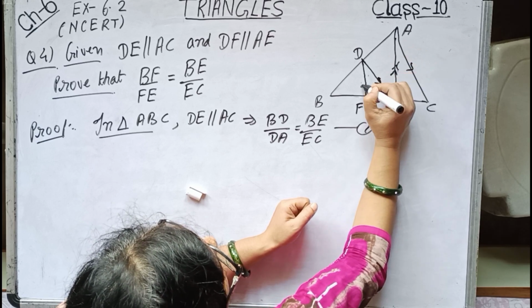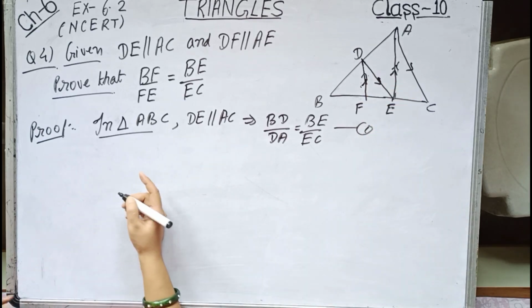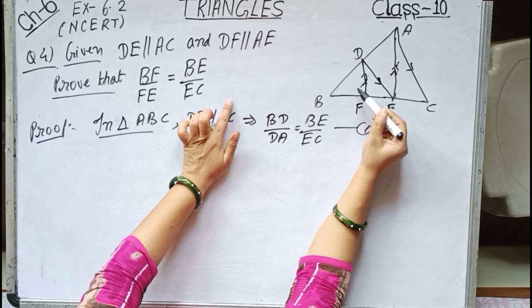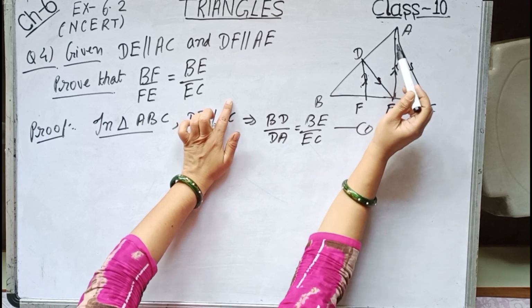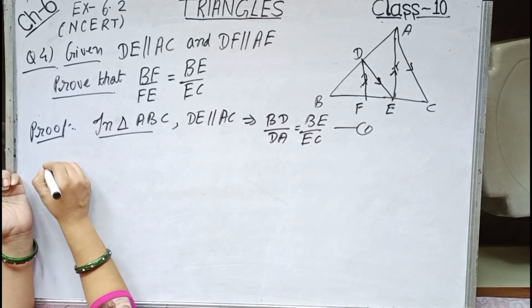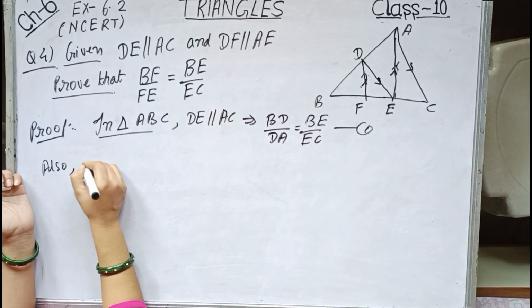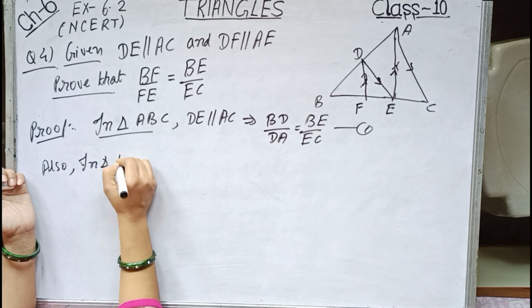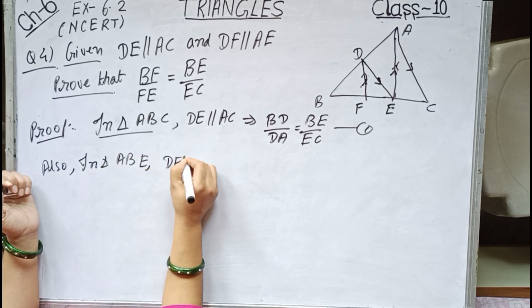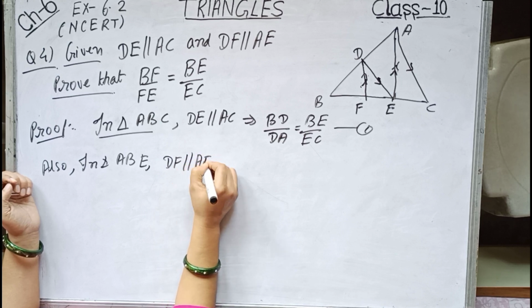This one is given parallel to this one. Now we have to find a triangle in which DF is parallel to AE. Obviously that triangle is triangle ABE. So also in triangle ABE, DF is parallel to AE.